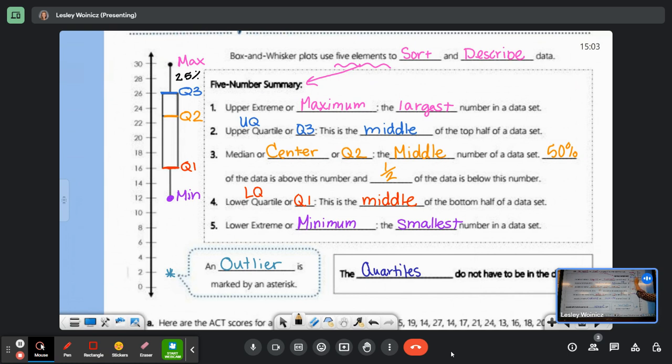Okay, 25% of our data falls between the second and third quartile. 25% of our data falls between the first and second quartiles. And the last quarter of our data, I'm going to put 1/4 on there so that you remember that 25% is the same as a fourth, right? Last fourth is between quartile 1 and the min.